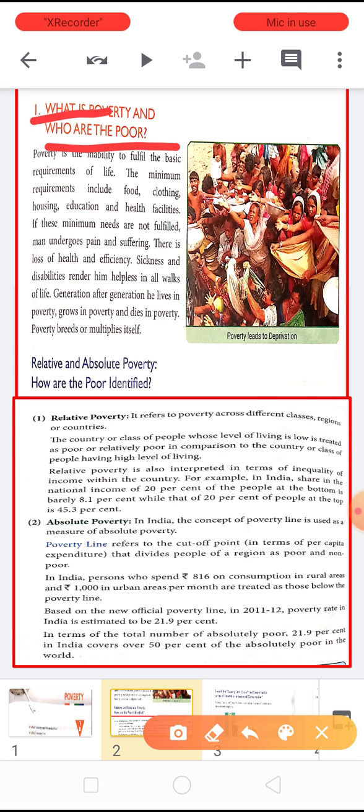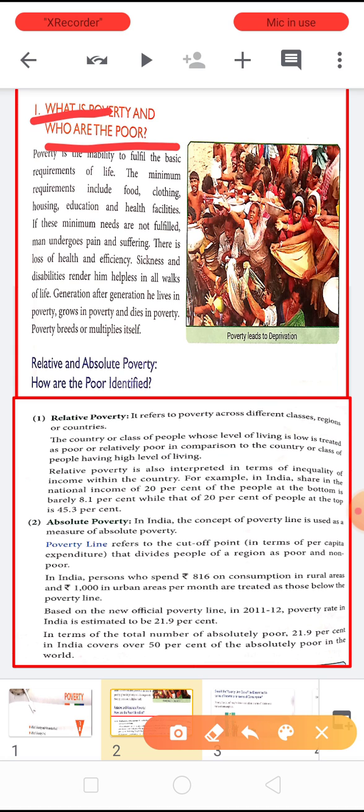So poverty is basically considered the inability to fulfill the basic requirements of life. Children, if these minimum needs are not fulfilled, then man undergoes pain and suffering. This causes a loss of health and efficiency, and sickness and disabilities render him helpless in all walks of life. So we can say that generation after generation will live in poverty, and it grows in poverty and dies in poverty itself.